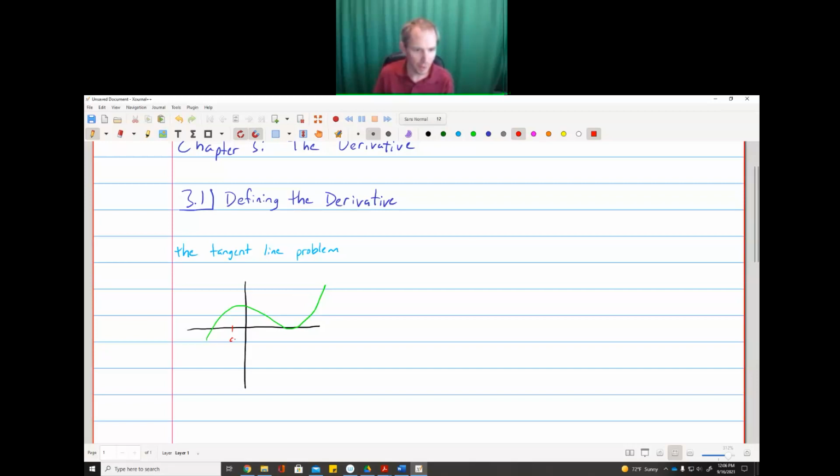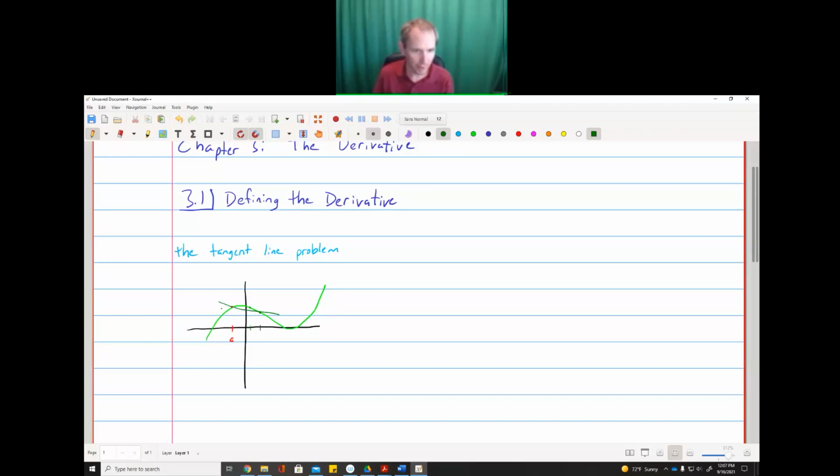We'll say that this is A, and I want to find the tangent line to the graph at A. The way that we looked at this before was we said, okay, pick another value on the graph and connect them with a line.